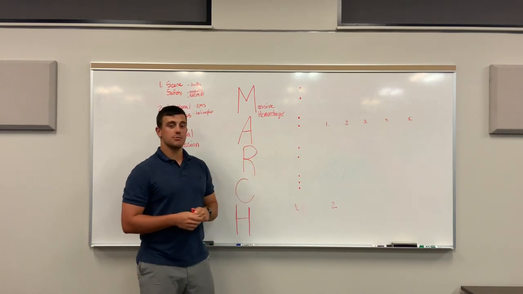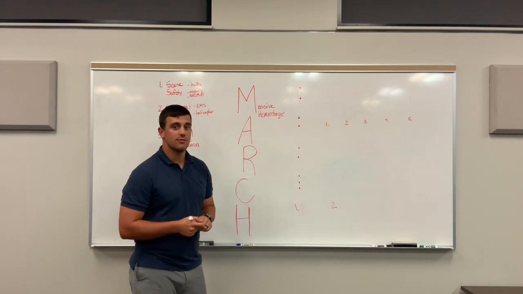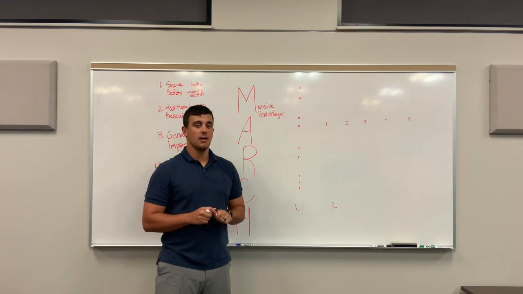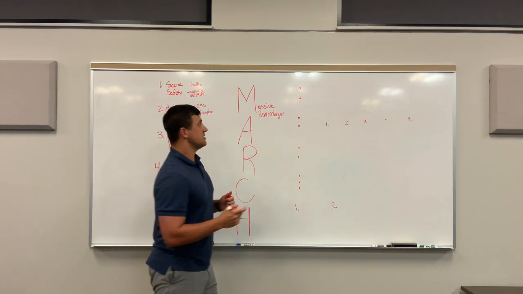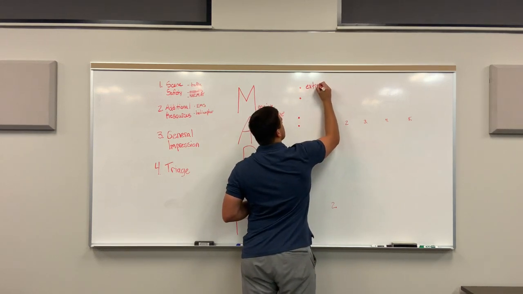And we need blood to move those tissues around. So the first thing we're assessing for is massive hemorrhage. Now there are two specific areas on the body that we are assessing for bleeding. The first one, which is pretty self-explanatory, is going to be our extremities.